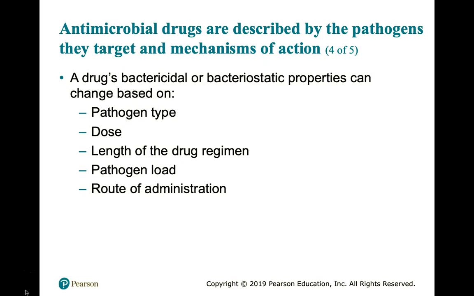So drugs' properties can be changed based on different things. The pathogen type itself, whether it's an enteric, meaning living in the guts, or it's a respiratory, or an aerobe, living in the lungs, dosage, length of dosage, the amount of the pathogen, and then the route of administration.